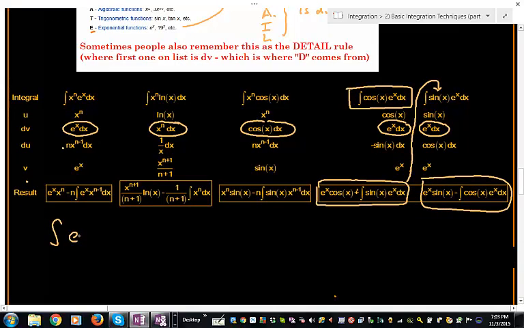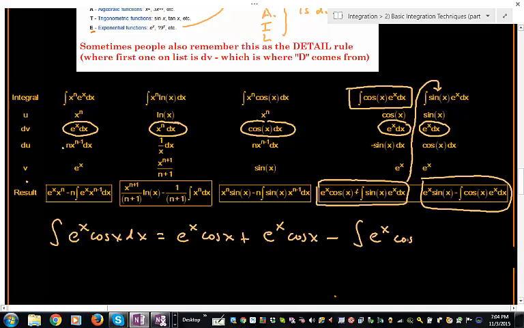I have that the integral of e to the x cosine x dx, well, the first term here was e to the x cosine x plus this integral of sine x times e to the x, but I figured out that that was e to the x cosine x minus the integral of e to the x cosine x. Notice I have the integral on both sides of the equation, so I can solve for it.